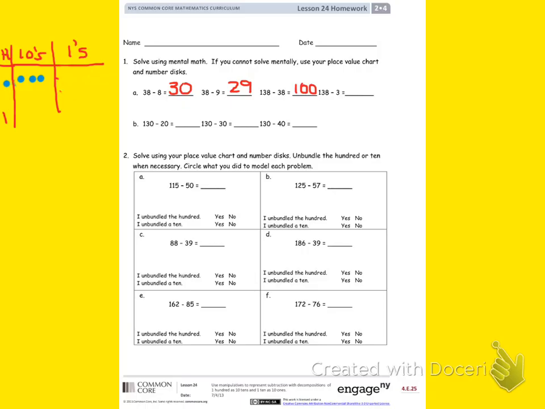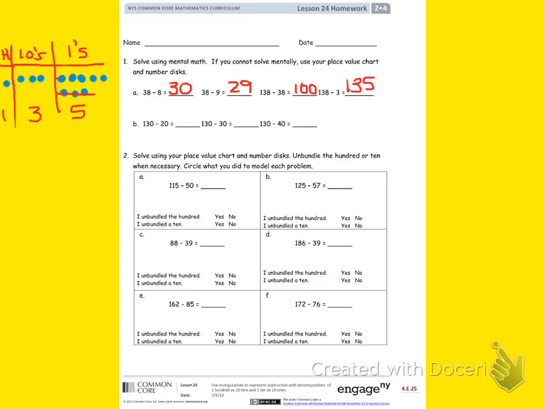Put my 8 back. Okay, now there's my 138, but this time I'm only going to cross out 3 ones, because 3 is the same as 3 ones. So I'll just do that. And now I'm left with 5 in the ones, 3 in the tens, and 1 in the hundreds, which is 135.